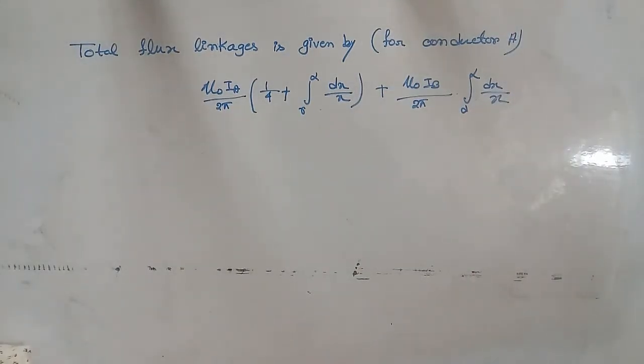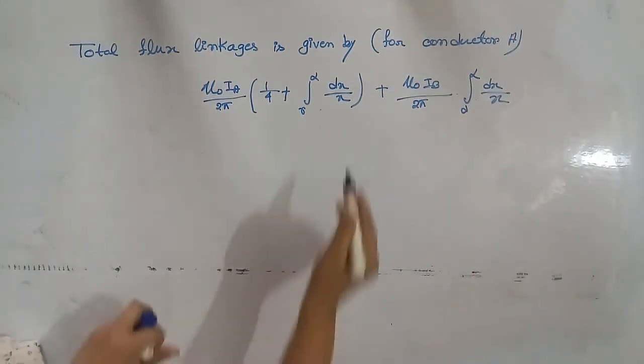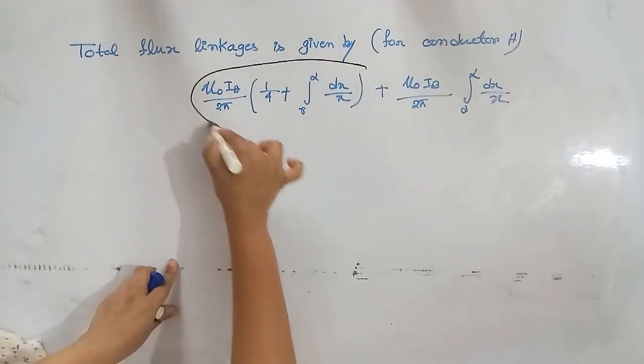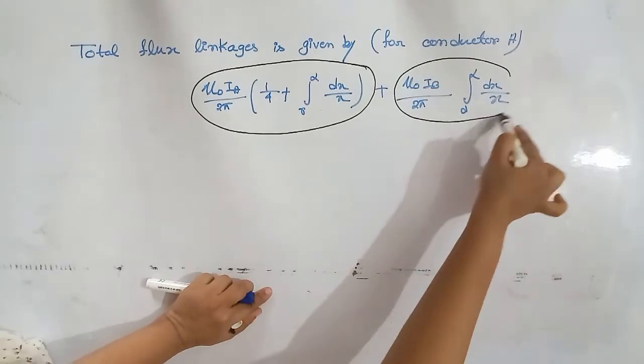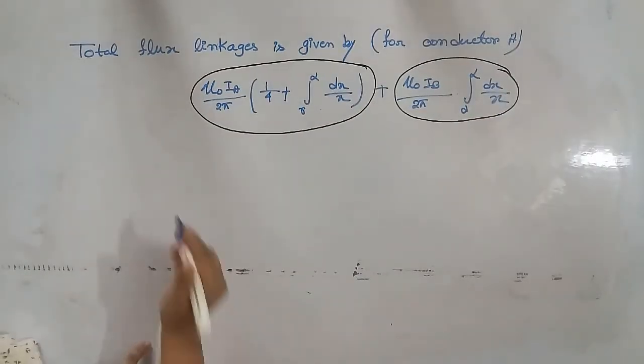So this is the flux linkage for its own current, and this is the flux linkage due to the other conductor.